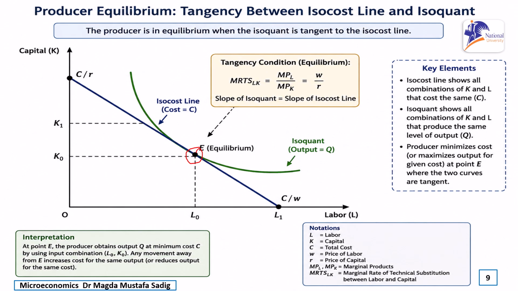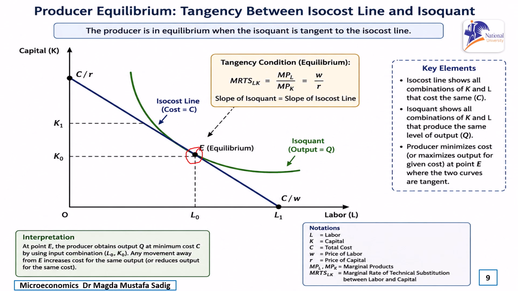So it represents producer's equilibrium when the isoquant is tangent to the isocost. At this point, the firm achieves the highest possible output because at the isoquant we have the highest output, and at the isocost we have the least cost. Equivalently, it achieves the required output at the lowest possible cost. Any point inside the isoquant is inefficient.